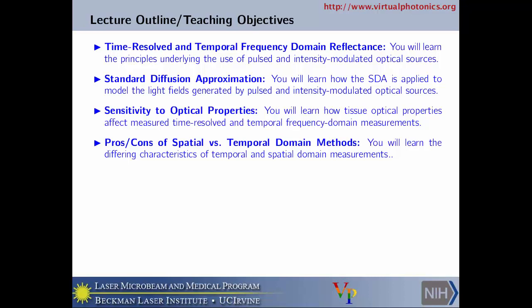I'm going to introduce the diffusion approximation because that's in a form that's specific to both the spatial domain as well as the temporal domain reflectance methods, because I think that gives you a nice way to understand sensitivity to optical properties, both in the spatial and temporal domains. And then I'll hopefully summarize with some sort of compare and contrast of the strengths and perhaps challenges that one faces when using spatial versus temporal domain methods.